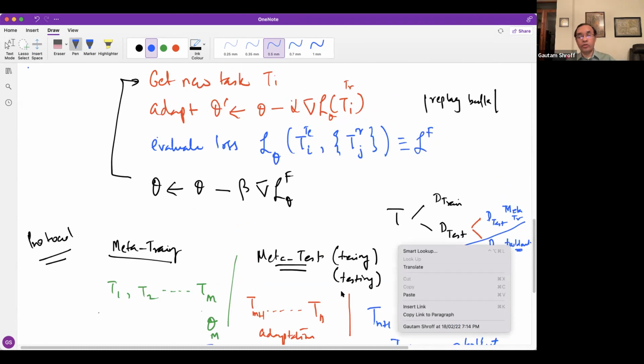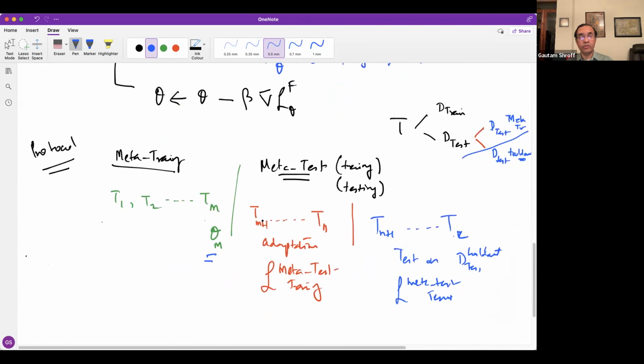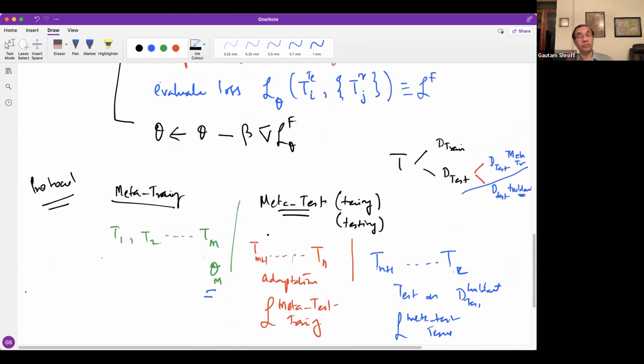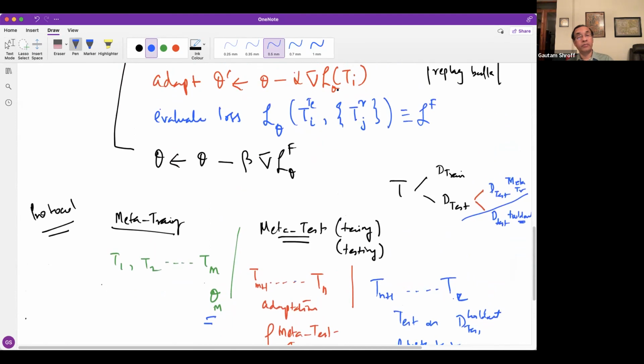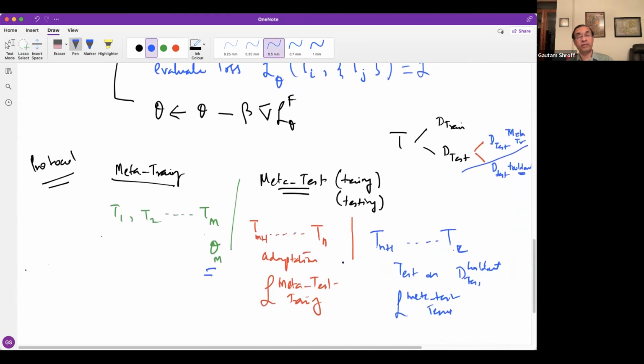So remember, you're going to do this, and you're going to evaluate all these losses after doing all of this. So all of these losses would be based on things which this guy would have been adapted using the previous task, right? So it would be adapting using this training task, and here you'll be testing using only new data.